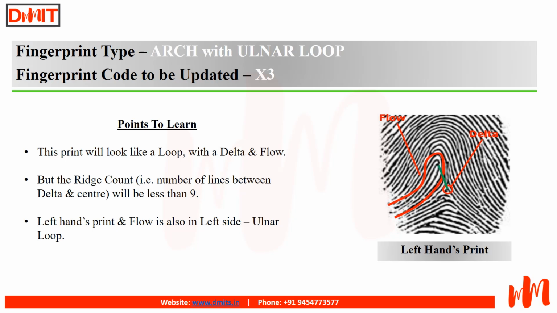So basically an arc with ulnar loop will be similar to an ulnar loop, the only difference being that the ridge count in this case will be less than 9. And also if it is a left hand print and the flow is also on the left side, again it will be an arc with ulnar loop. The fingerprint code to be updated here in this case is X3.